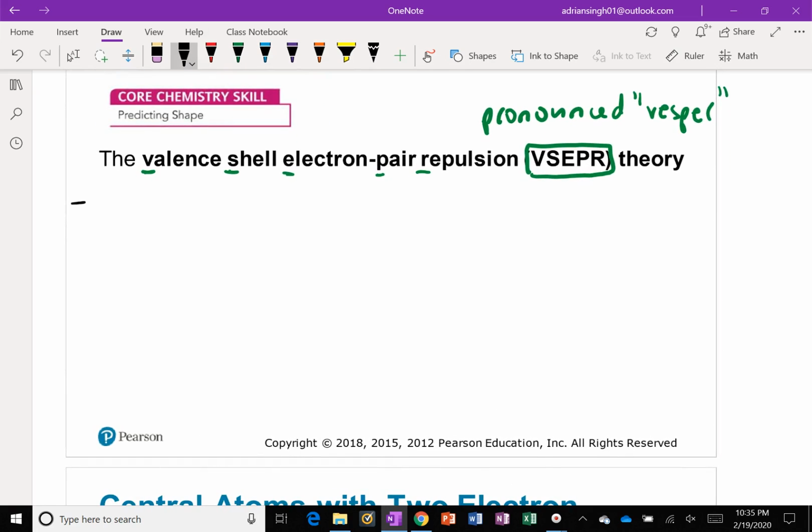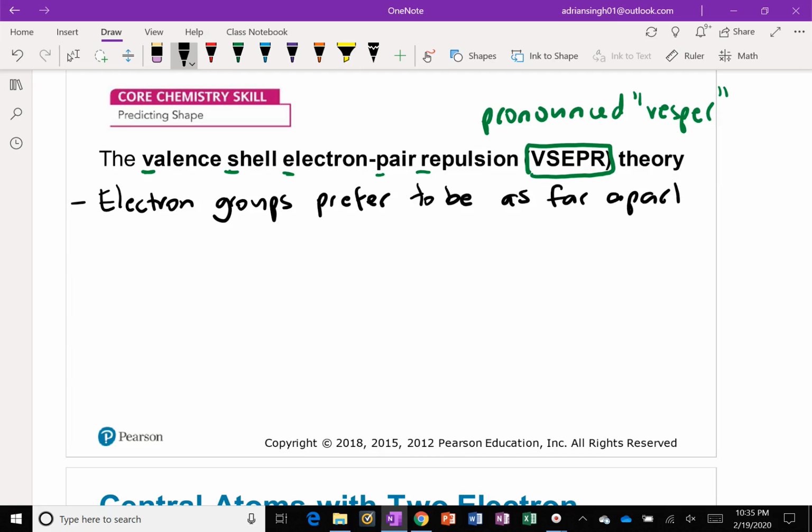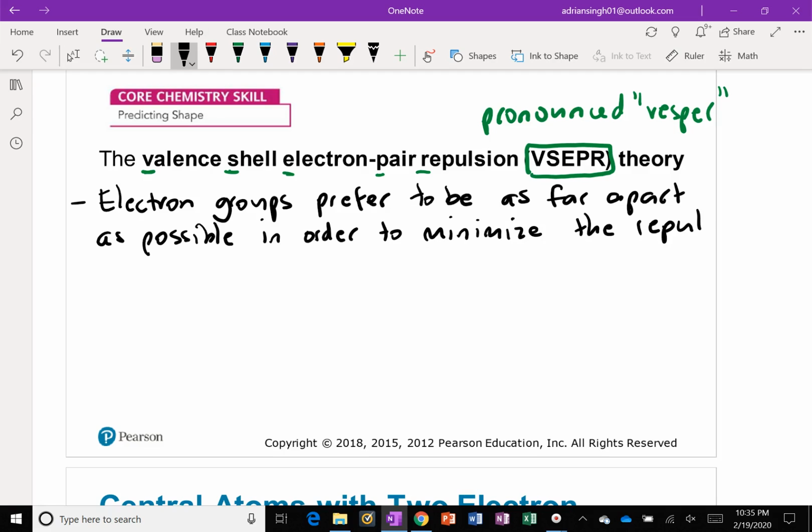It's based on the fact that your electron groups prefer to be as far apart from each other as possible in order to minimize the repulsion between them.